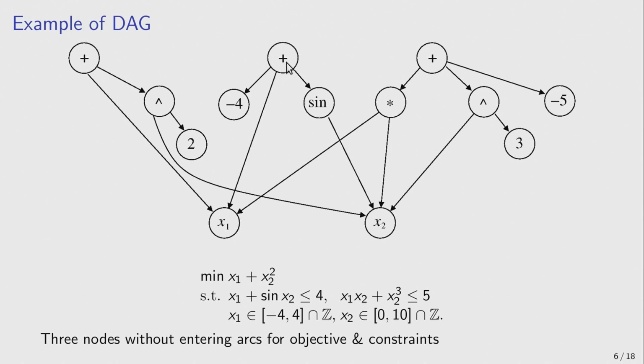This second one is obviously this one here because it involves the sine. And then there's a function here that has a constant -5 that's being added. That's over there. And so the nodes that don't have any entering arcs are the objectives or the constraints, and I can construct my problem by writing it down in this way.